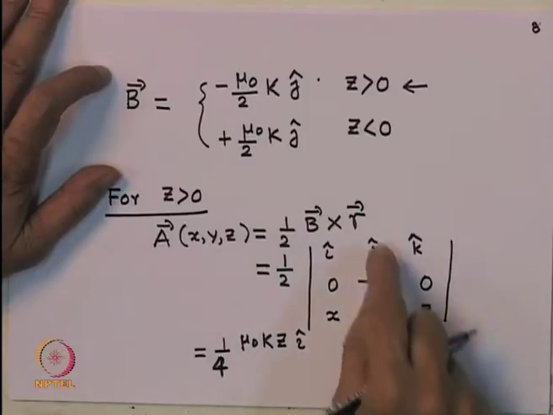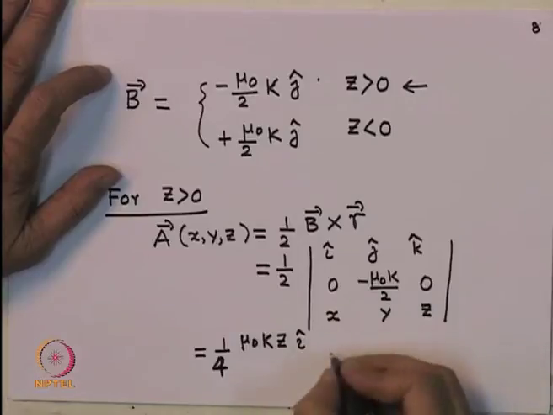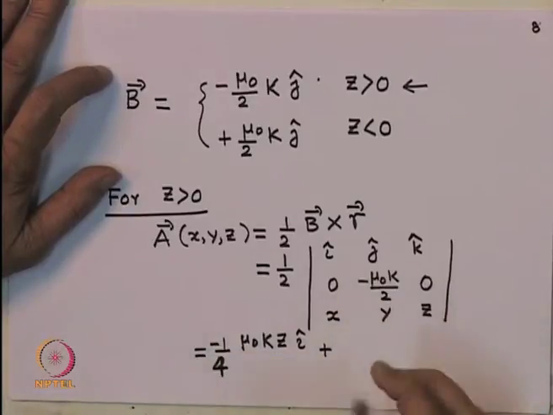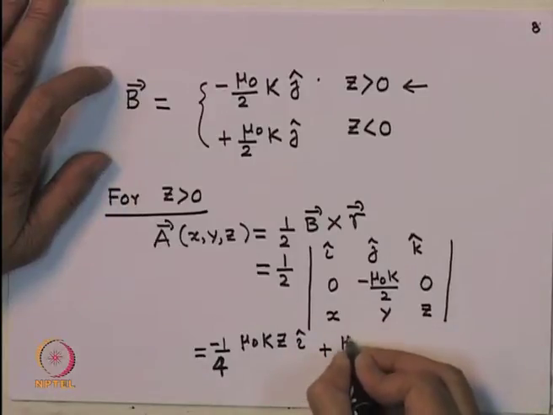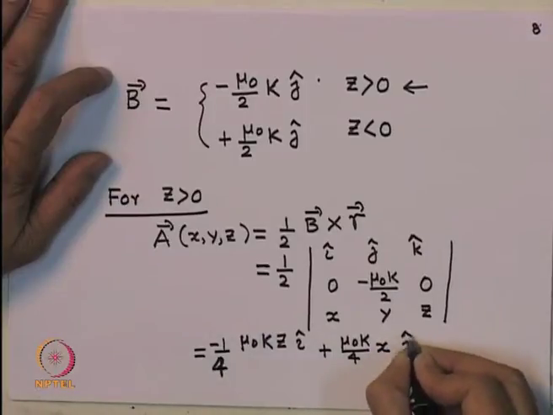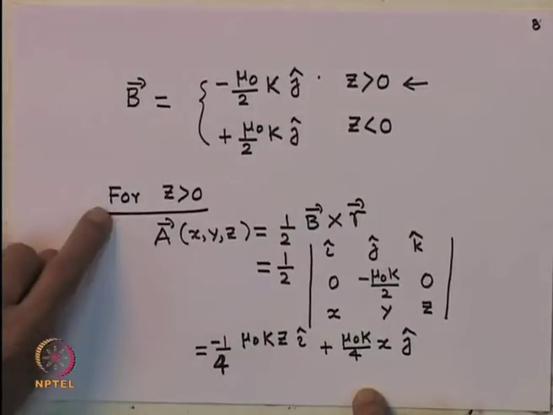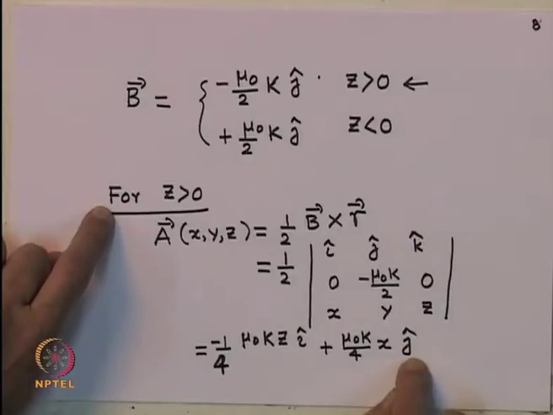And then there is no j component, but there is a k component, and that is equal to plus, this is a minus sign there by determinant, plus mu 0 K by 4, times x, this times an x and a j. You can easily check that corresponding to z less than 0, the expression will be almost identical with this minus sign becoming a plus and this plus sign becoming a minus.